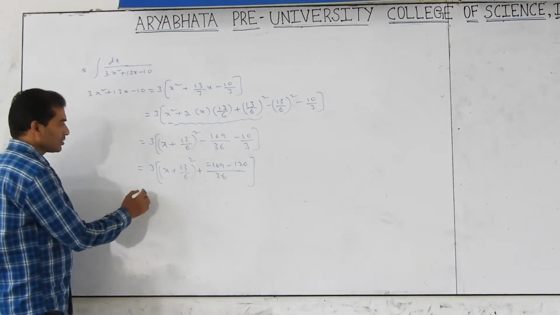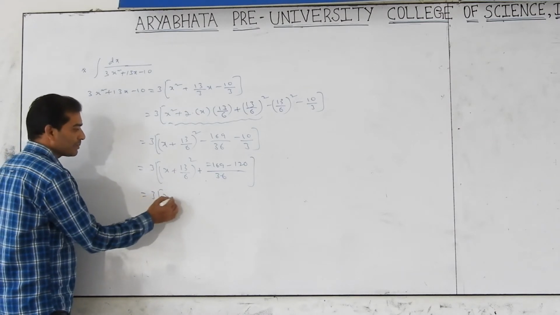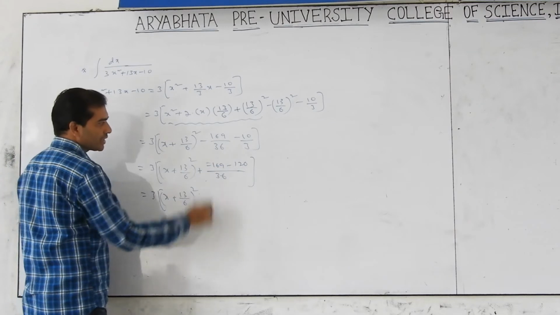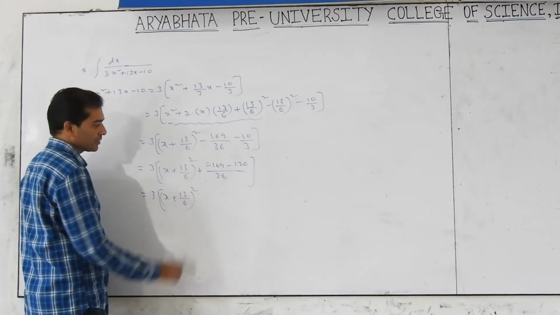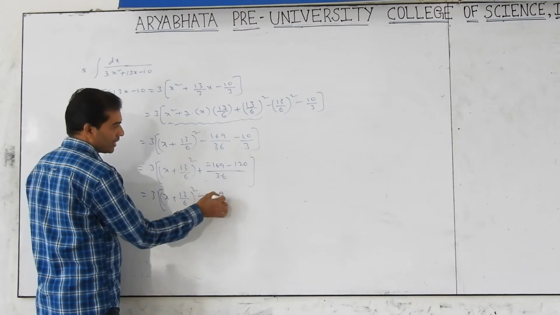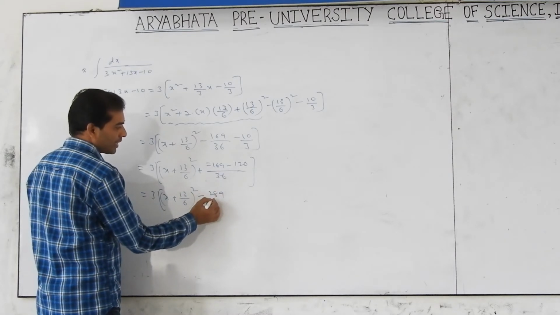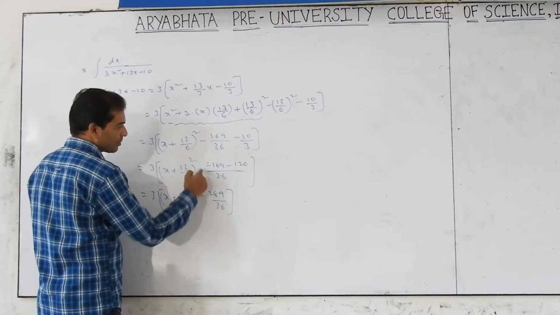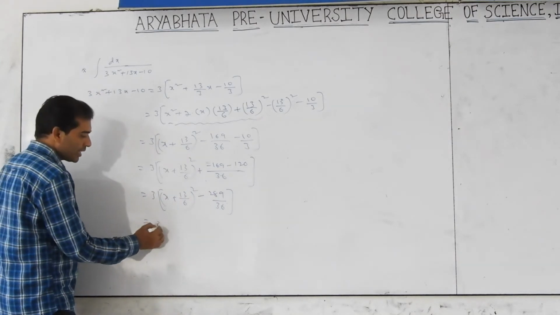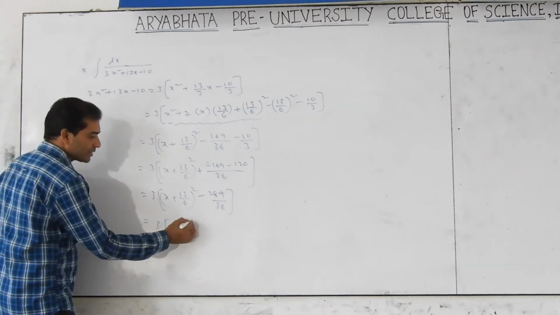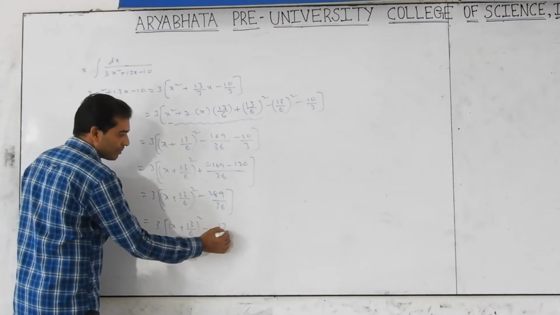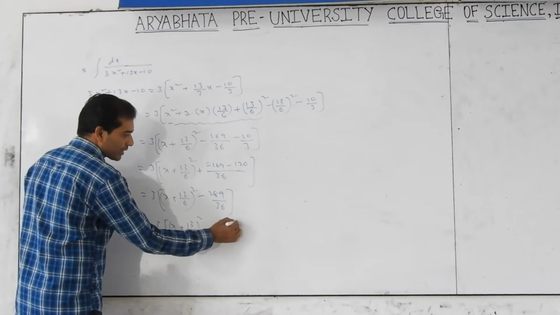Right? So 3 into x plus 13 by 6 whole square minus 169 minus 120, minus 289 by 36, plus and minus gives minus. Correct? So 3 into x plus 13 by 6 whole square minus 17 by 6 whole square. Correct?